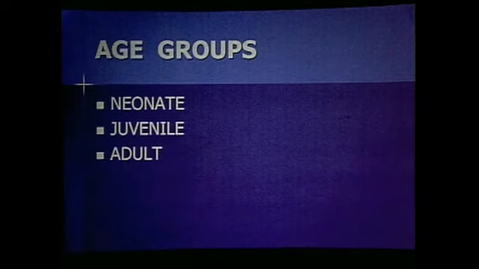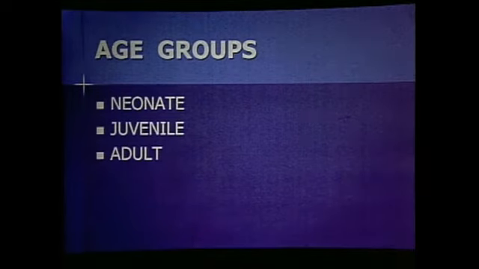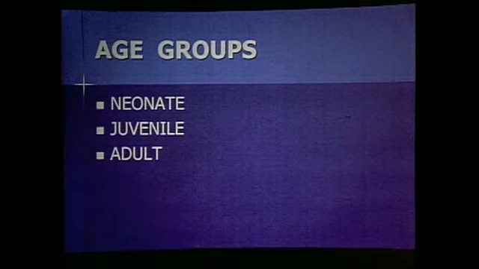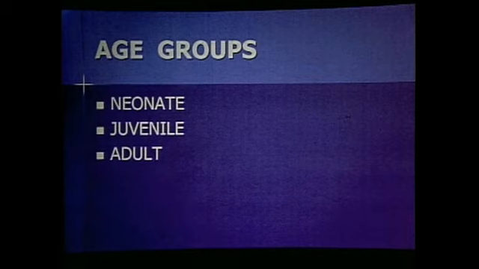May I have the first slide, please? This will be equine pathology, and I have organized this talk along age groups. I'm focusing on 3 age groups: the neonate, the foal, ranging from day 1 to day 30, the juvenile horse, and then the adult horse.